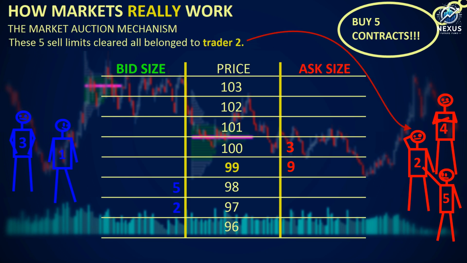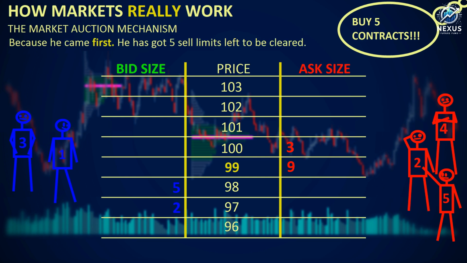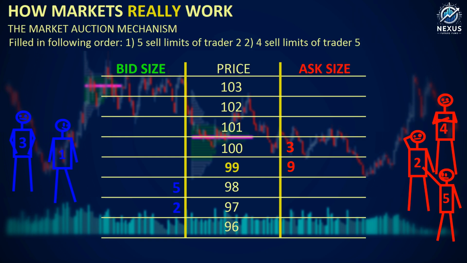All of these 5 sell limits at the price of 99 belonged to trader number 2, because he came first, and therefore he has got a sell limit for 5 contracts left, still waiting to be matched with more aggressive buy market orders. So at the price of 99, there are 9 sell limits left, and they will be filled in the following order.